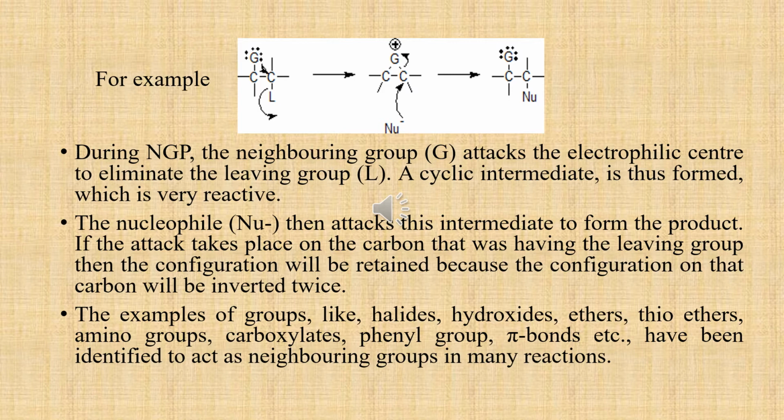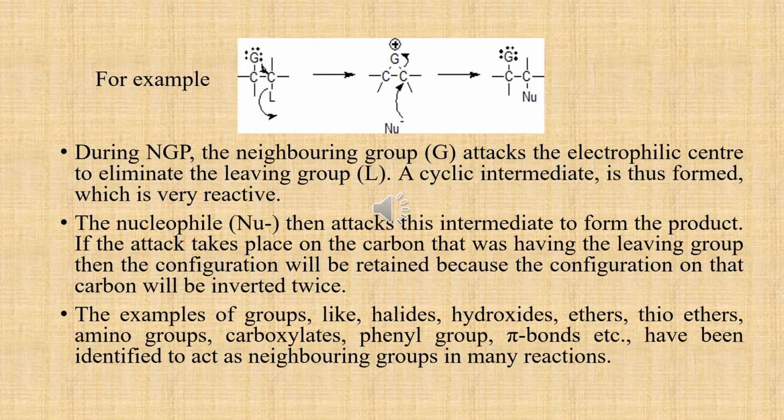The nucleophile then attacks this intermediate to form the product. If the attack takes place on the carbon that was having the leaving group, then the configuration will be retained because the configuration on that carbon will be inverted twice.